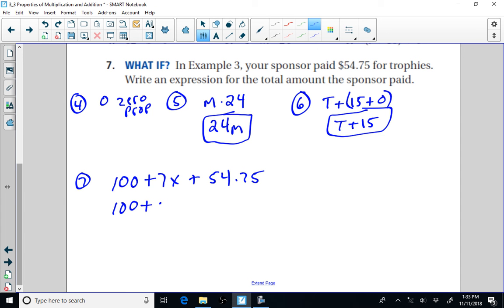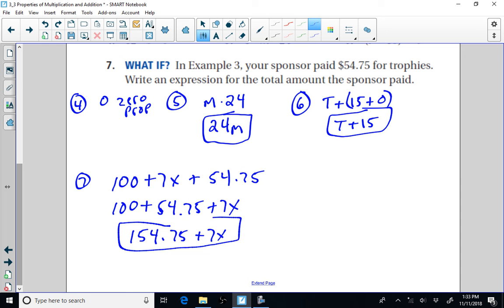So it's 100 plus 54.75 plus 7x. We add the 100 and the 54.75, so that's 154.75 plus the 7x, right? And that's my simplified expression. I can't add 7x with the 154.75 because they're not like terms, so that's the expression that gives me the total cost.